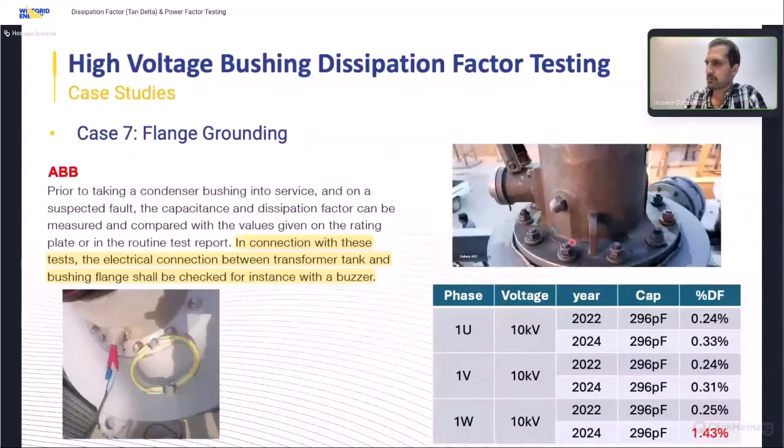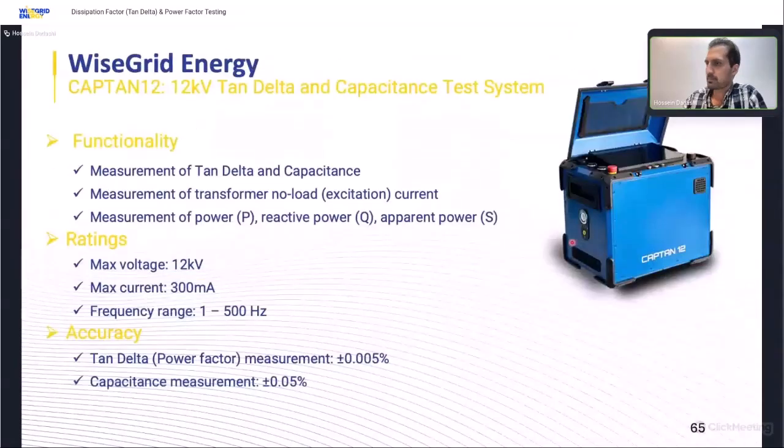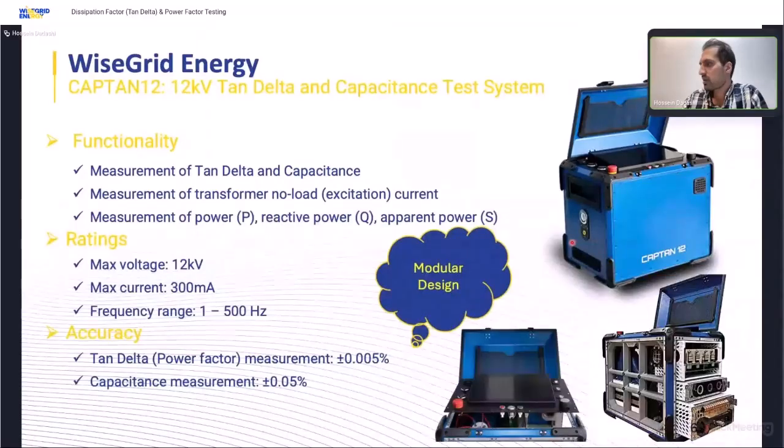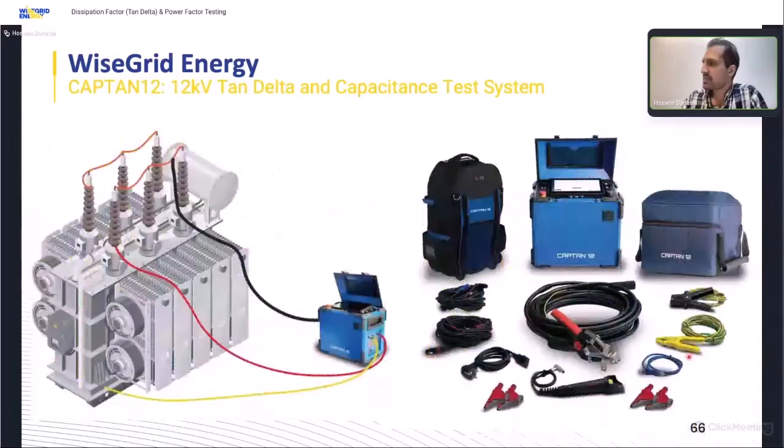This is Kaplan 12, our standalone test kit for capacitance and dissipation factor measurement. The maximum voltage is up to 12 kV, output current up to 300 milliamps, frequency range between 1 to 500 hertz. Also, it's designed to be modular, so all parts of the device like the touchscreen LCD, inverter, measurement and power supply modules can be removed easily from the device.